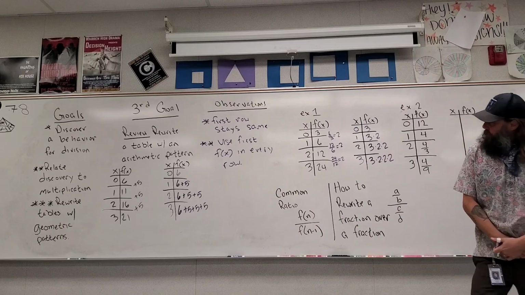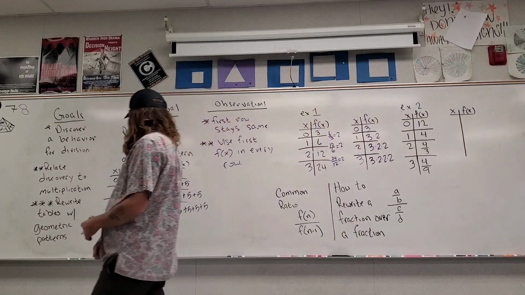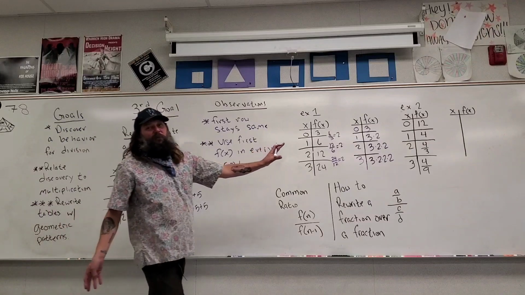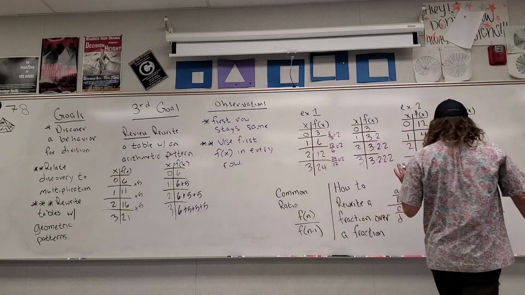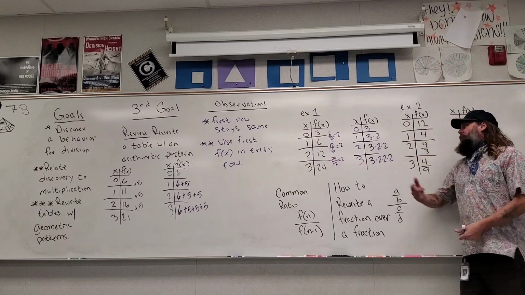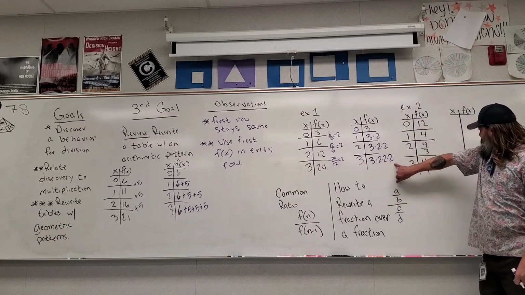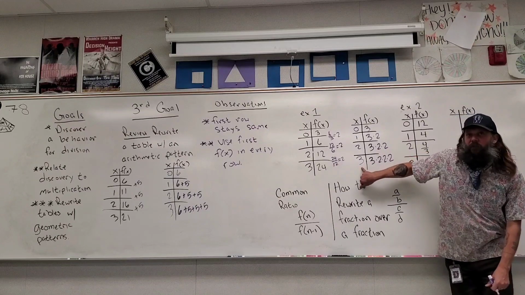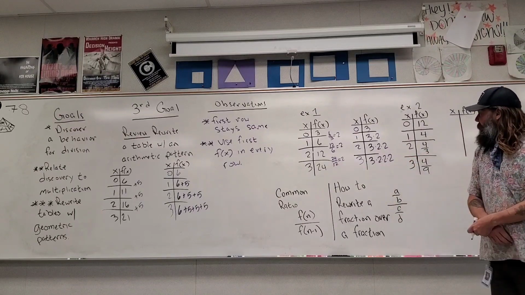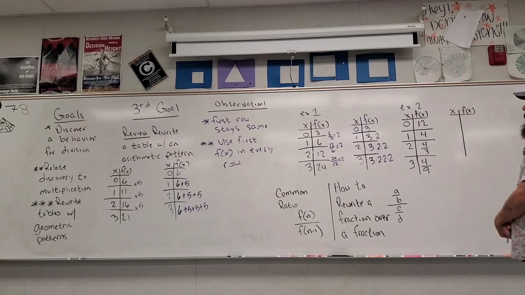This is what I want the table to look like when we rewrite it using geometric patterns. All right, we'll talk about simplifying this in the next lesson, but I want us to be able to write it out like this. Do notice right now I have the same number of 2s as the row value. So just like before, we'll be able to figure out what to do when it does not happen.